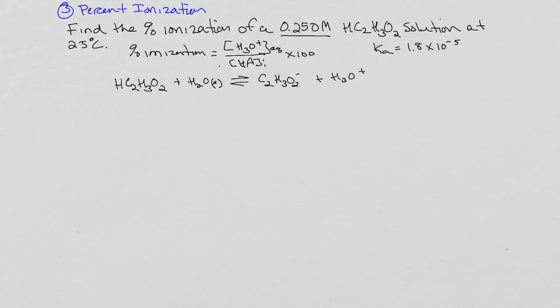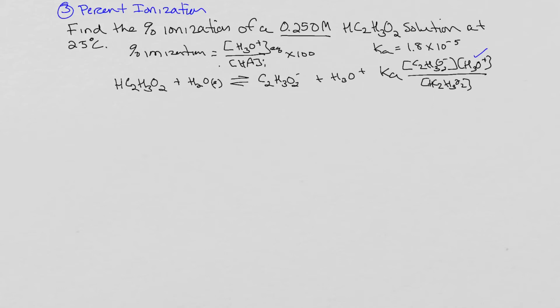Because remember, the Ka for this is going to be the concentration of C2H3O2 minus times the concentration of hydronium ion over the concentration of acetic acid. And so we have this value right here. This is what we're trying to get.